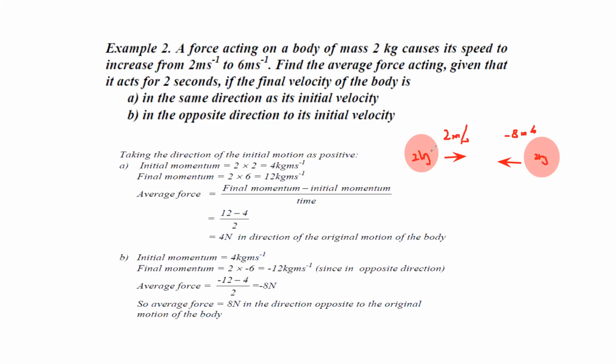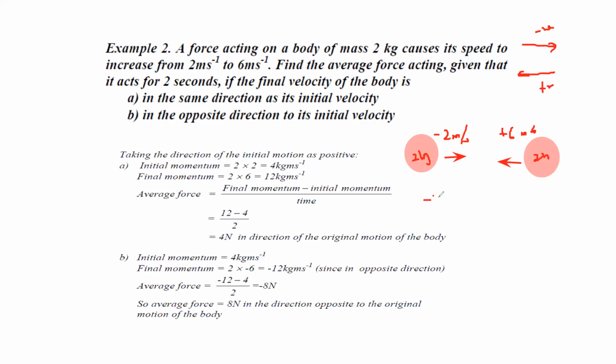Now when we calculate the momentum, 2 multiplied by 2, if I consider this as negative, the other one will be positive. So it means the right hand side direction is negative and the left hand direction is positive.